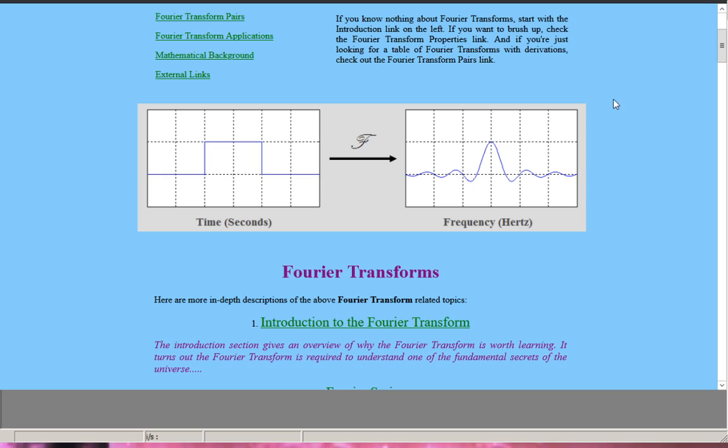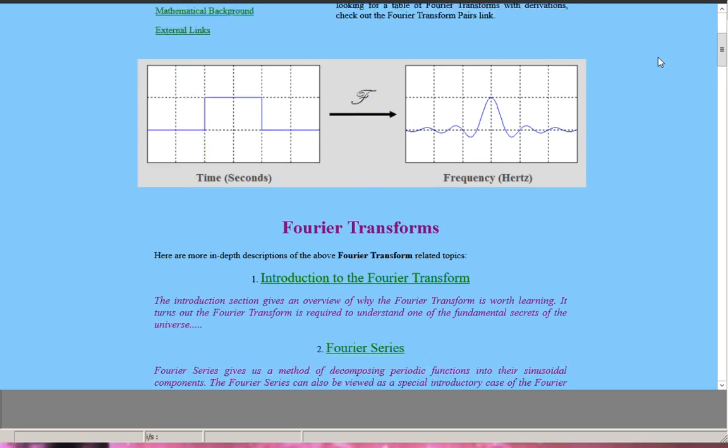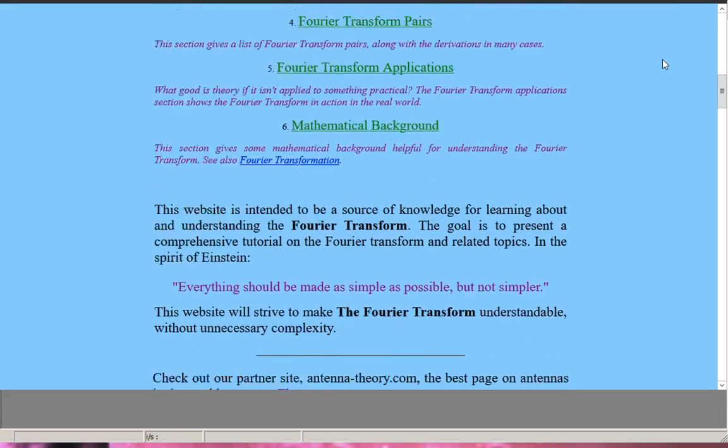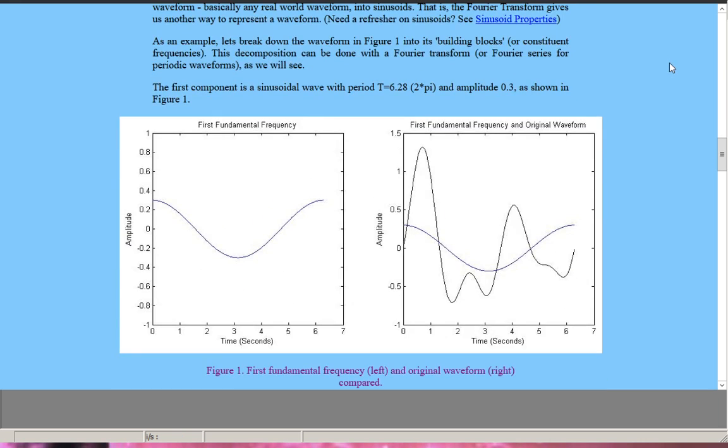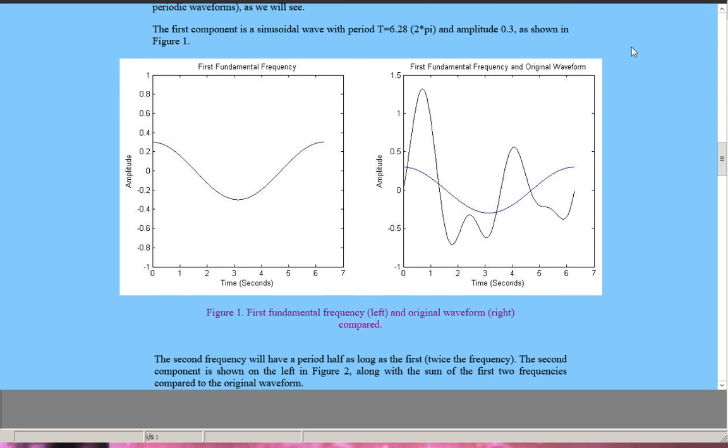I think a Fourier transform is going to find your filters. First fundamental frequency and the original waveform.